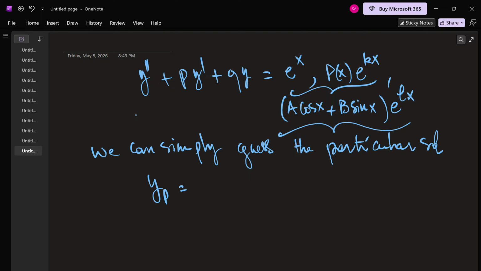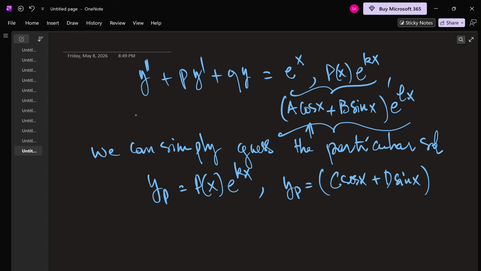In the first case, there is the method of undetermined coefficients that we will see. You may suppose that yp is equal to some polynomial P(x) times some function, for example exponential kx. Or if you have this one, you may guess it is something like c times cos x plus d times sin x, times exponential lx.